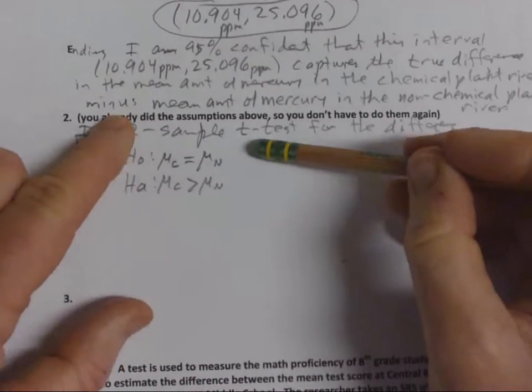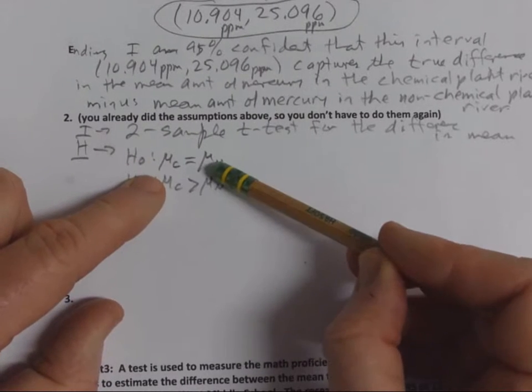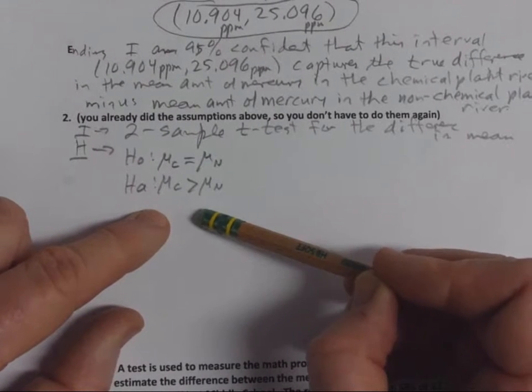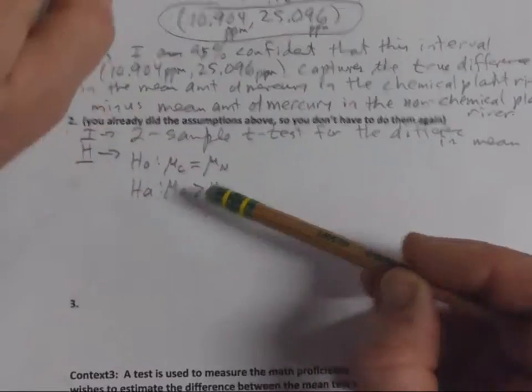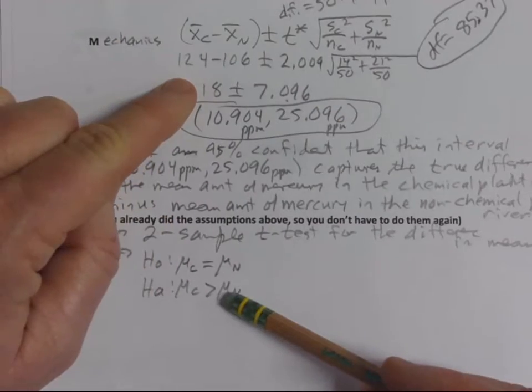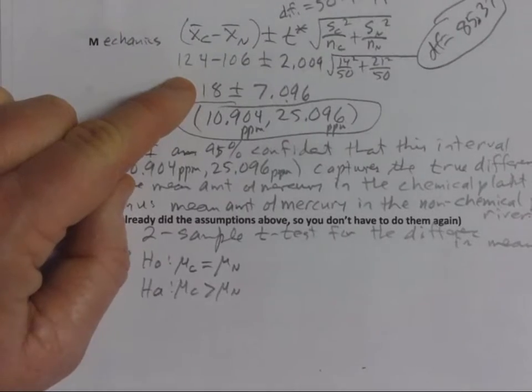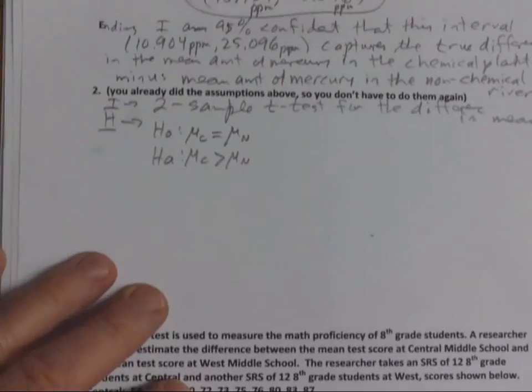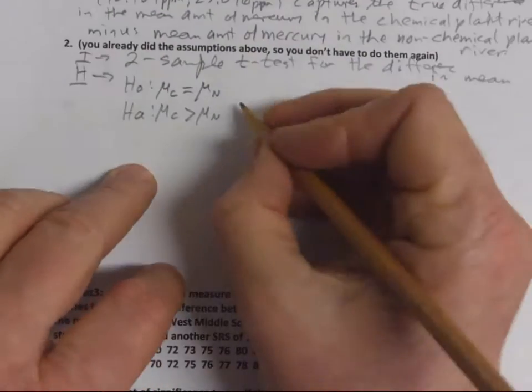The null hypothesis is always going to be that they're equal. The alternative is what you suspect might be true. You're not allowed to look at the sample values and say that's more than that, therefore I'll go greater than. It has to be something that's brought out in the stem of the problem. Of course, you have to define this.